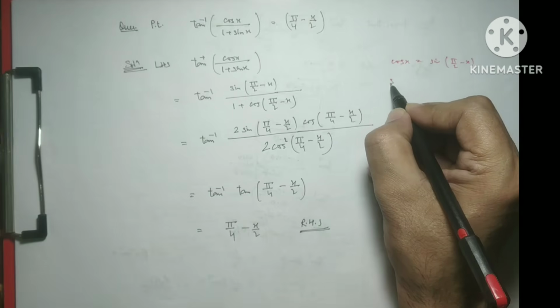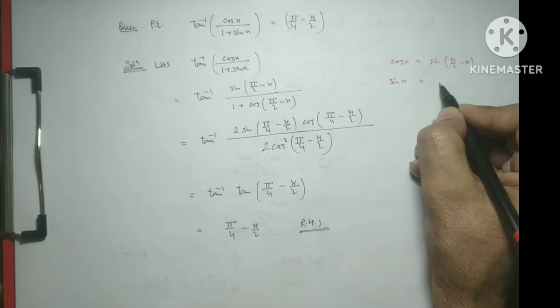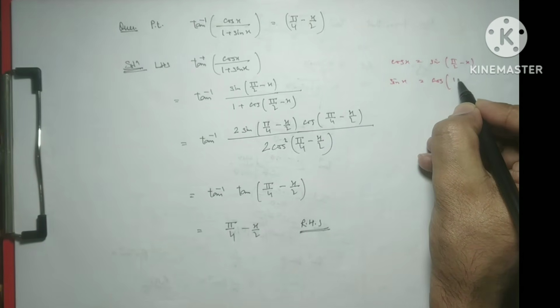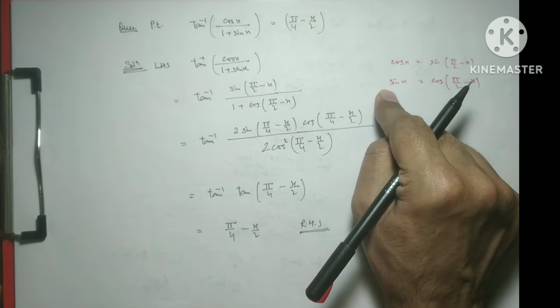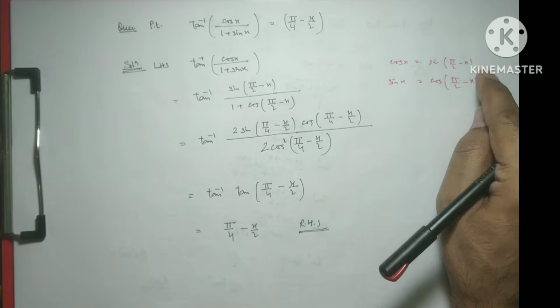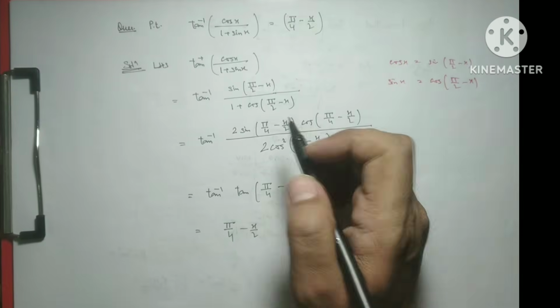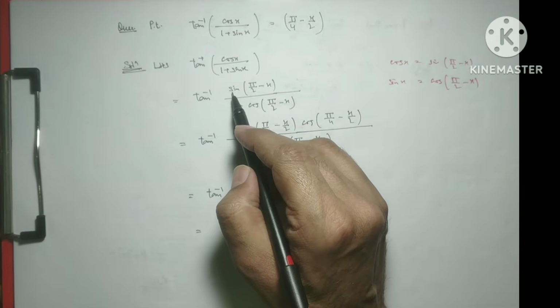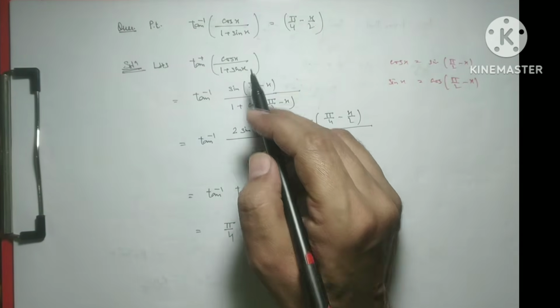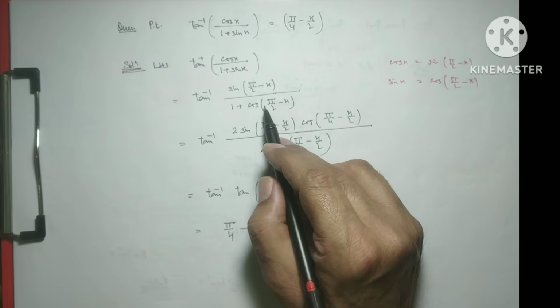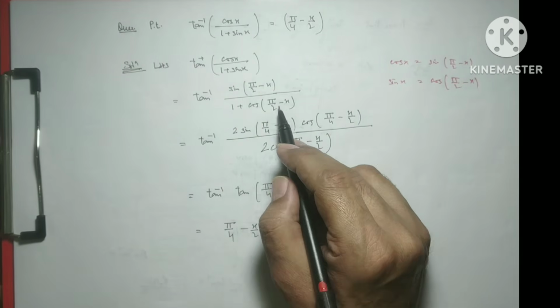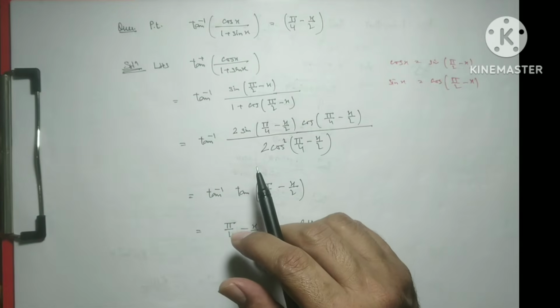Similarly, we can also write sin x equals cos of pi by 2 minus x, and we will substitute these values, sin x and cos x, in terms of pi by 2 minus x angle. So this becomes sin of pi by 2 minus x in the numerator, and in the denominator this will be cos of pi by 2 minus x.